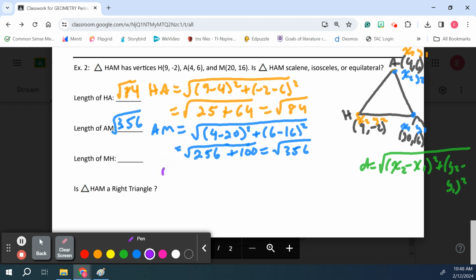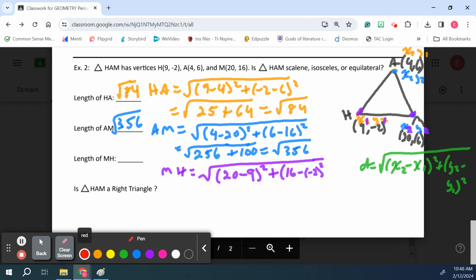And now we're going to do MH. In this case, here is M, here is H. This is my second point now, and this is my first point. So I'm going to have here 20 minus 9 squared plus 16 minus a negative 2 squared.